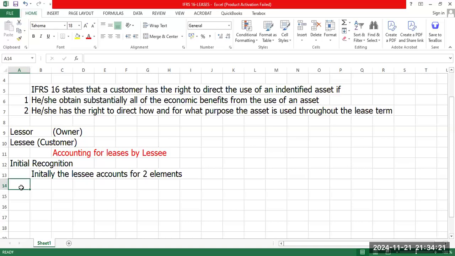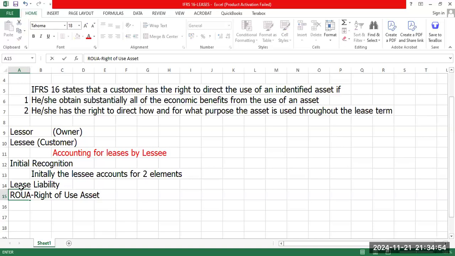One is lease liability. And what? The right of use asset.